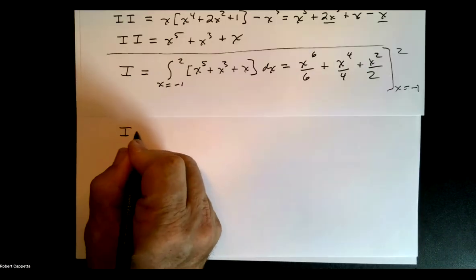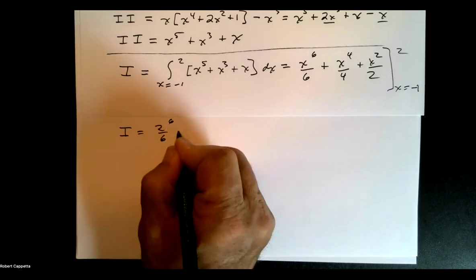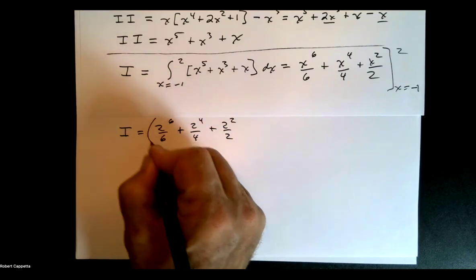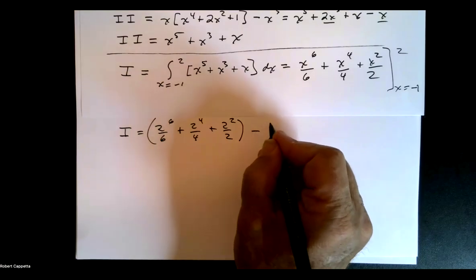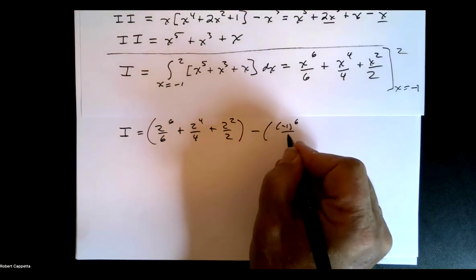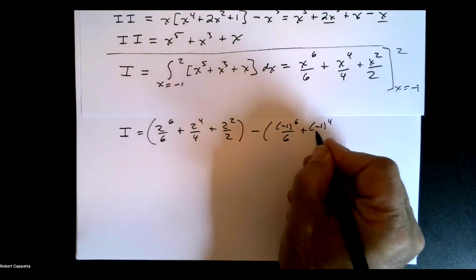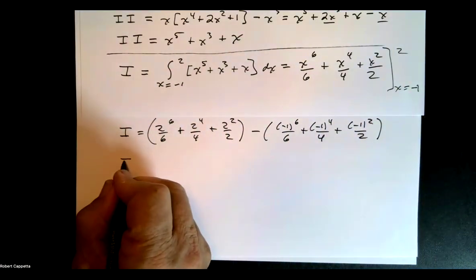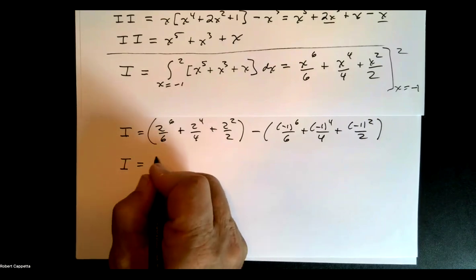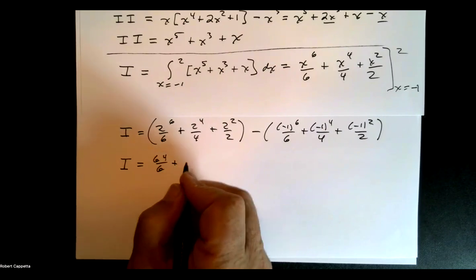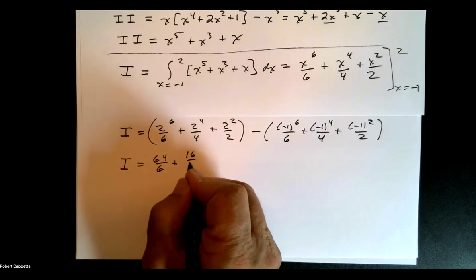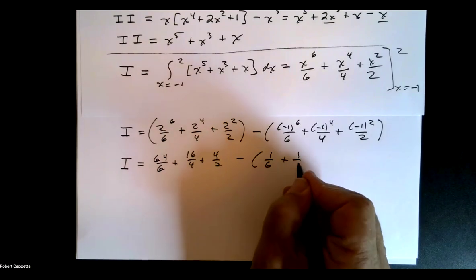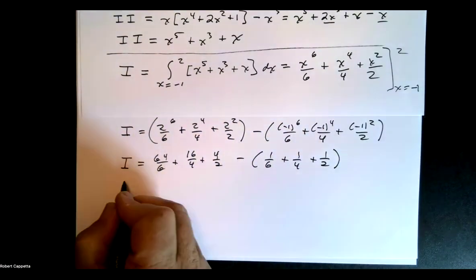So we get that the integral is 2 to the 6th over 6 plus 2 to the 4th over 4 plus 2 squared over 2 minus (-1 to the 6th over 6 plus -1 to the 4th over 4 plus -1 squared over 2), which will give me 64 over 6 plus 16 over 4 plus 4 over 2 minus 1/6 plus 1/4 plus 1/2.